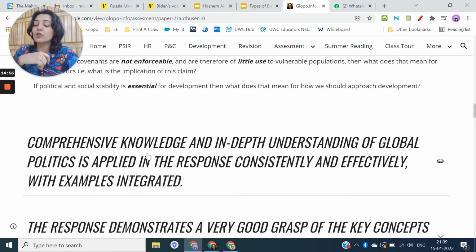Then the second is that comprehensive knowledge and in-depth understanding of global politics is applied in the response consistently and effectively. So it should not happen that one paragraph was a wow factor, the second paragraph was easy, and the third paragraph was completely off track. No. You write the whole response consistently and effectively. Remember this, HL students, you have to write three answers, so you should maintain that consistency and efficiency throughout all three.